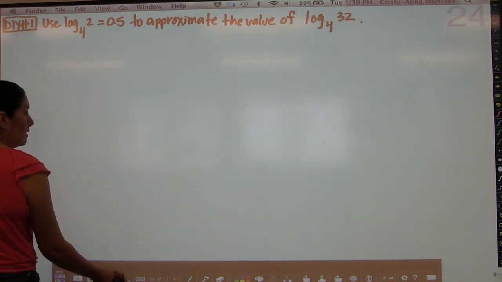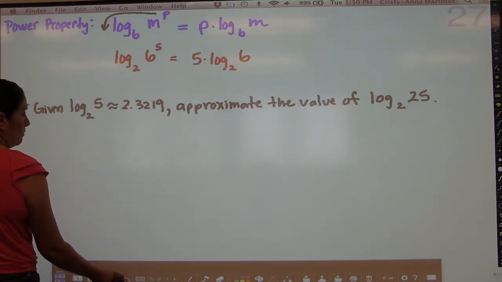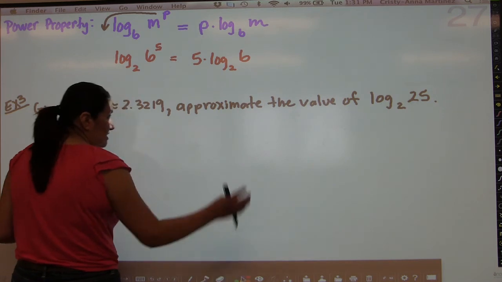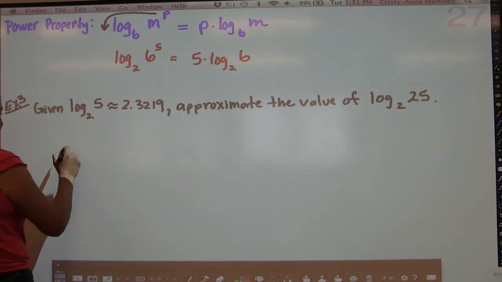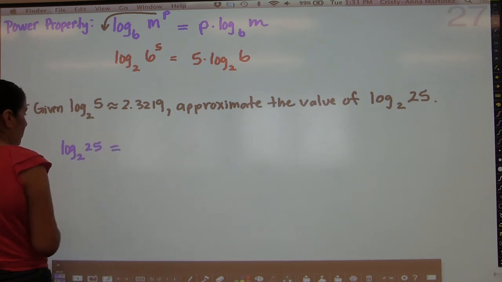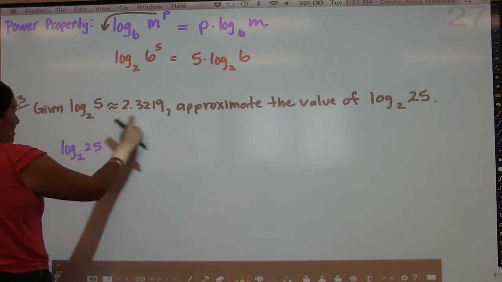So going back to our example over here. It says given log base 2 of 5 is approximately 2.3219, they would like for us to approximate the value of log base 2 of 25. So our goal again is going to be to take our log base 2 of 25 and rewrite it in such a way that it includes log base 2 of 5 because that's the information that was given.